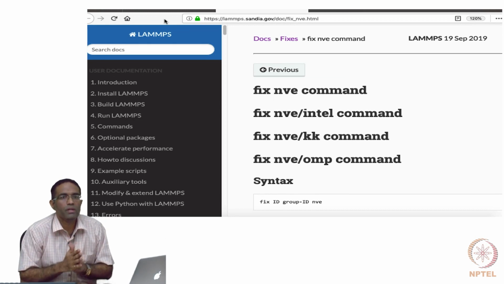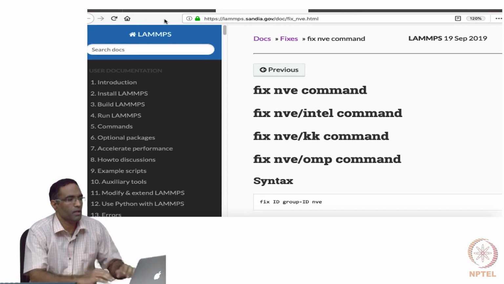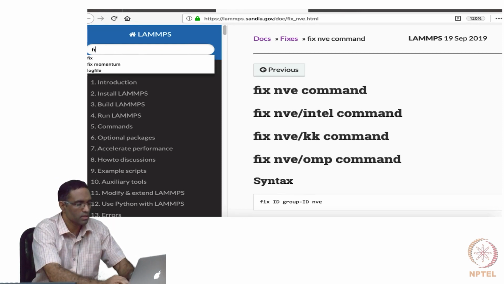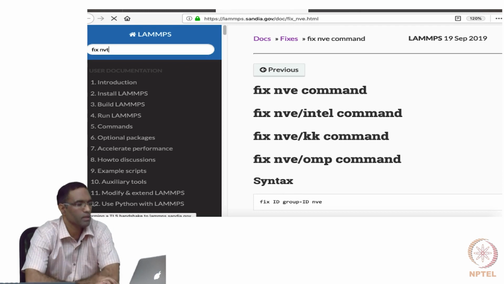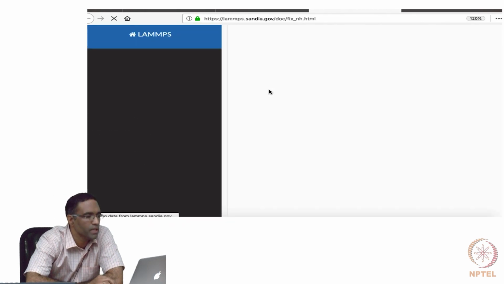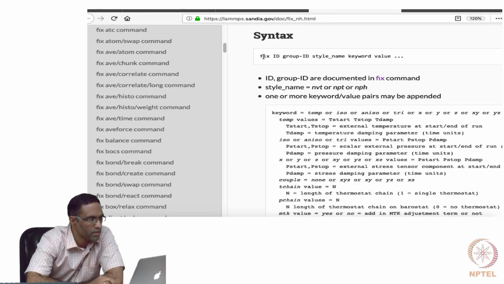So you have a Nose-Hoover thermostat, as we call it, and that is done by using the fix NVT command. Again, the same: the fix ID, the group ID, which is the set of all atoms for which you want to apply this fix, and the style name, which can be NVT or NPT or NPH.